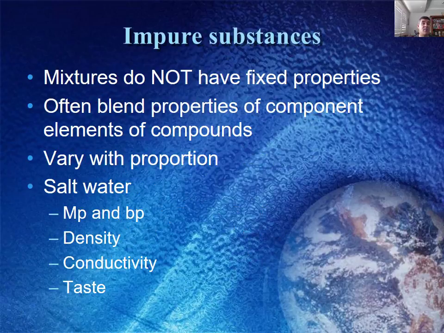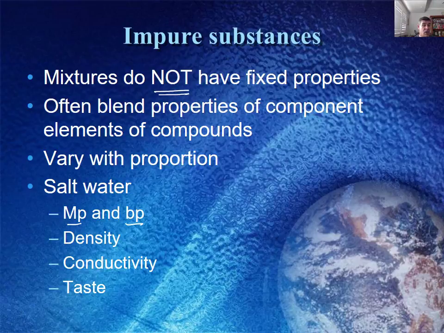On the other hand, mixtures are impure substances, and because they are impure, they don't have fixed ratios, and therefore they do not have fixed properties. Often mixtures are a blend of the properties of the component elements or compounds that make them up. And sometimes those properties are dependent on the proportions of each of the different components of the mixture. So if we think about something like salt water, how salty the water is going to affect its melting point and its boiling point.